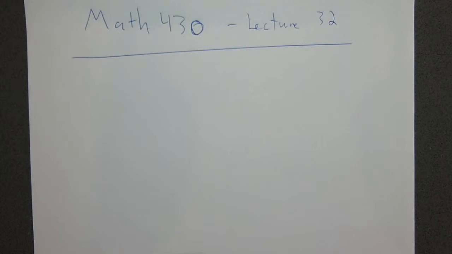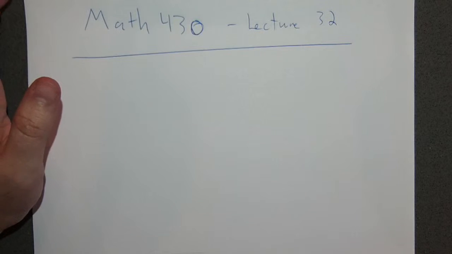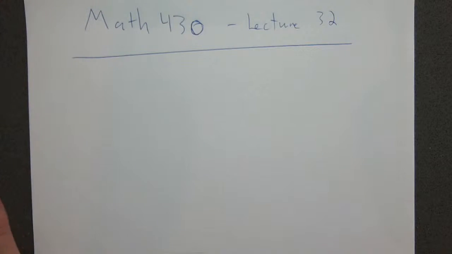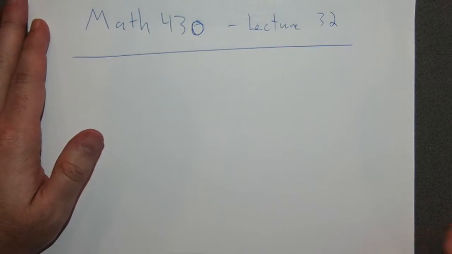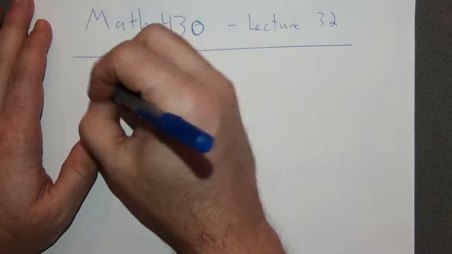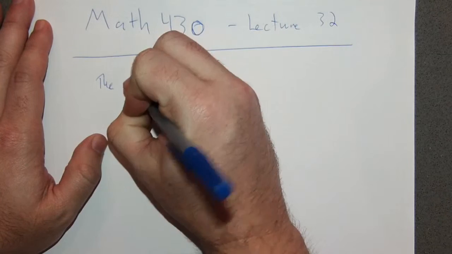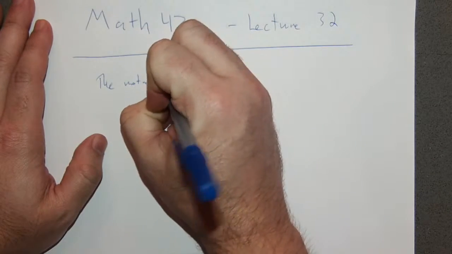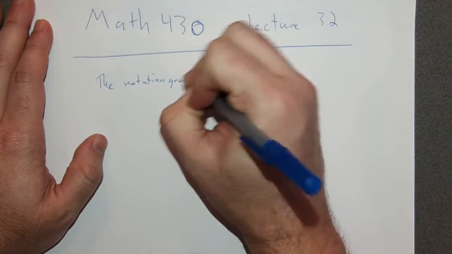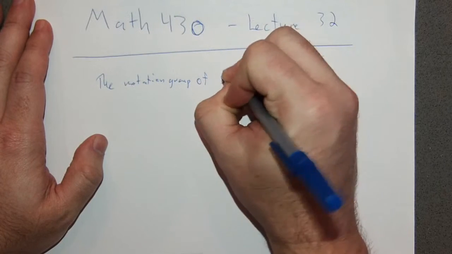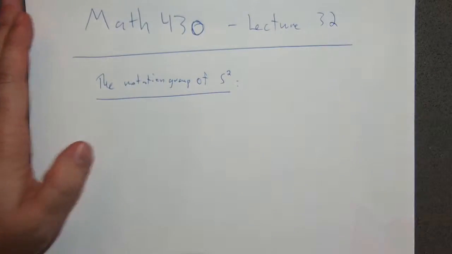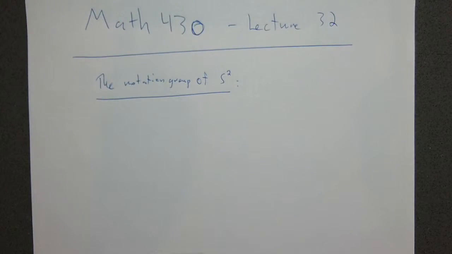So anyway, where I left off last time was concerning the isometry group of the sphere. So we're thinking of the unit sphere sitting in R3. So the rotation group of the sphere, S2, is going to be what is called a subgroup.